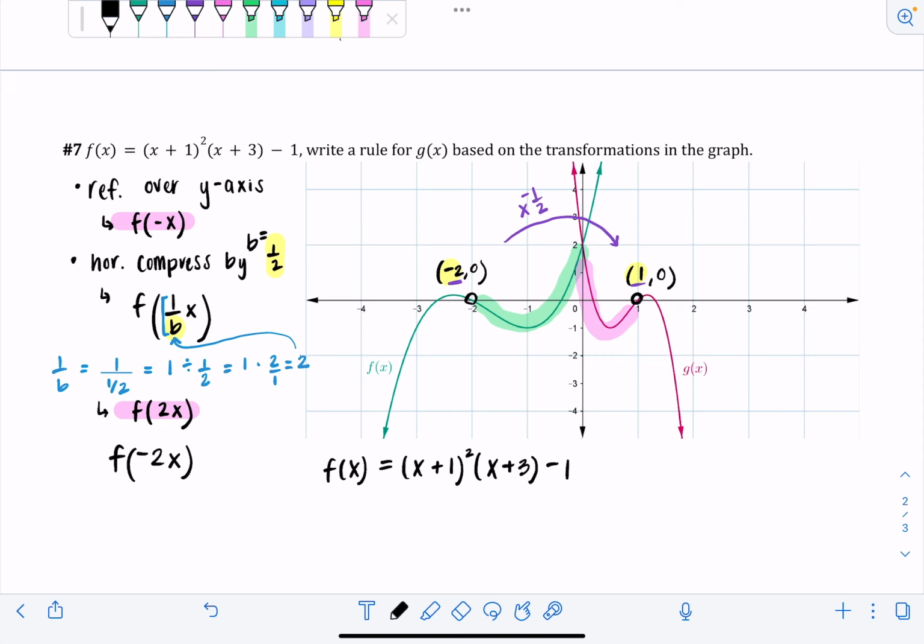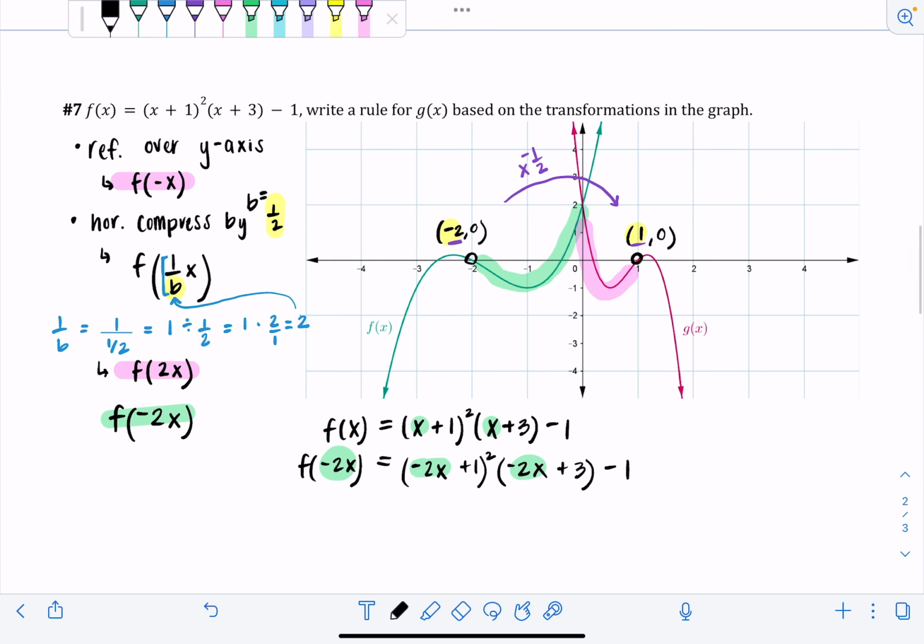And then for my new function, I'm going to use this formula to guide me. So it's f of negative 2x. That means wherever I originally have an x in the function, it gets replaced with negative 2x. So this would be negative 2x instead of x, plus 1, parentheses squared, and then the next parentheses, negative 2x instead of x, plus 3, close parentheses, and then bring down the minus 1.